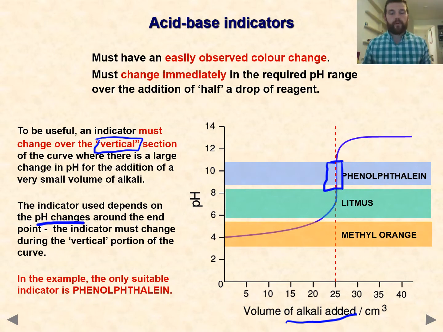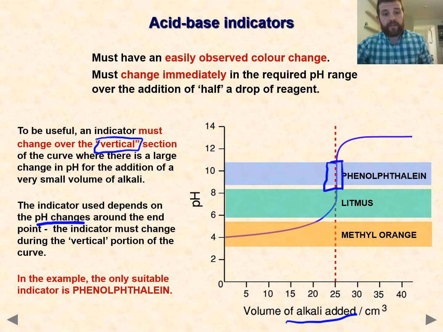This is where we're reaching that equivalence point where our acids are now completely neutralizing our bases, or in this situation, since we're adding in alkali, this is where our bases, our OH group, has now completely reacted with the acid, and it's hitting that equivalence point.